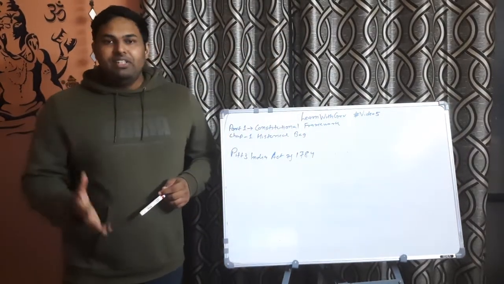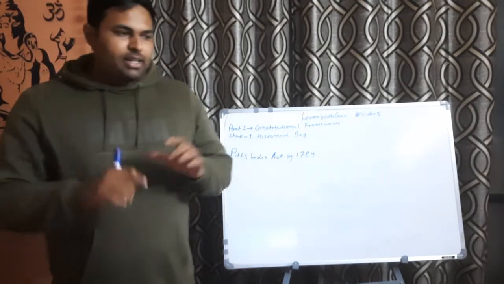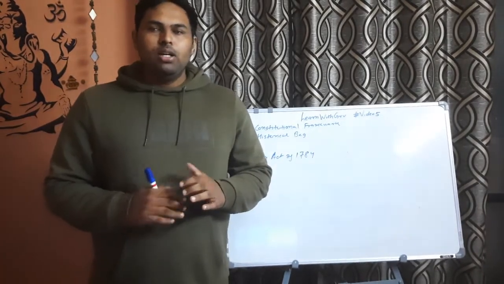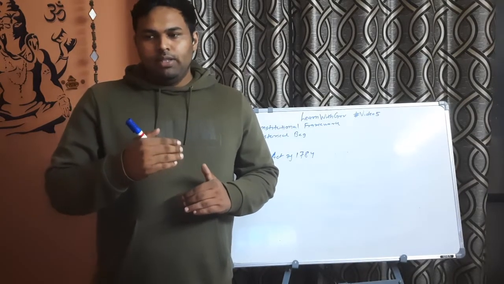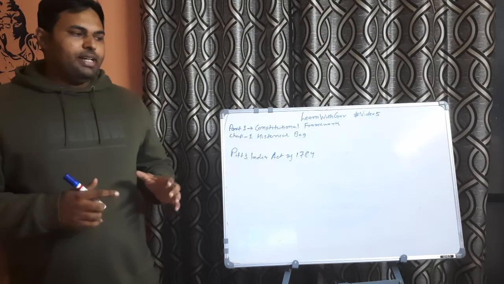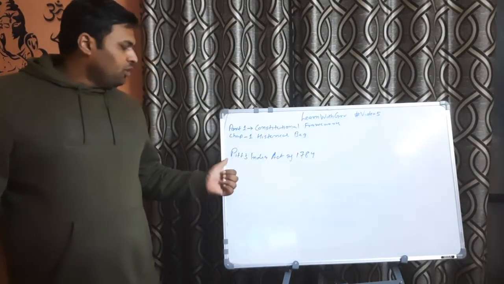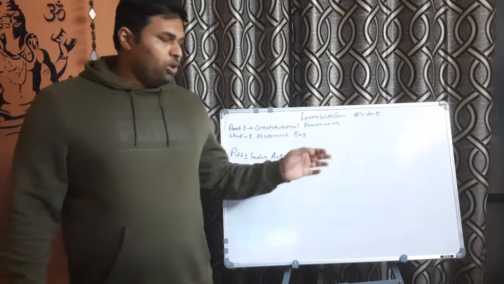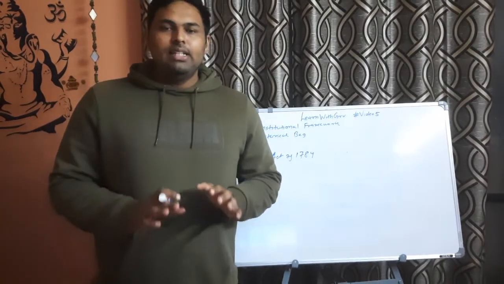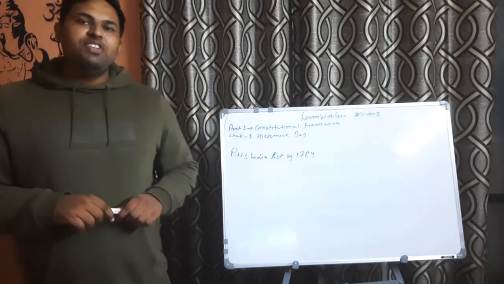So, what were the features of Pitt's India Act of 1784? Till now we have been studying about the East India Company, and how East India Company was operating, how things were divided between them. One of the key features of Pitt's India Act of 1784 was that it distinguished the political and the commercial features of the company.